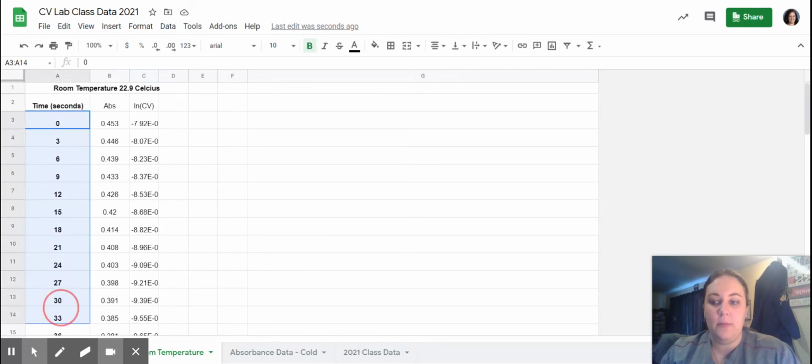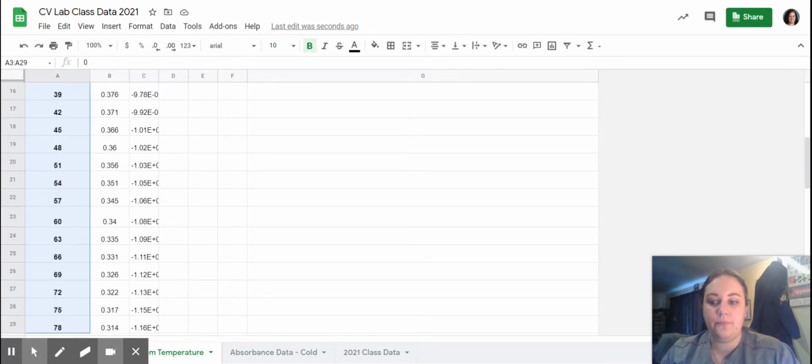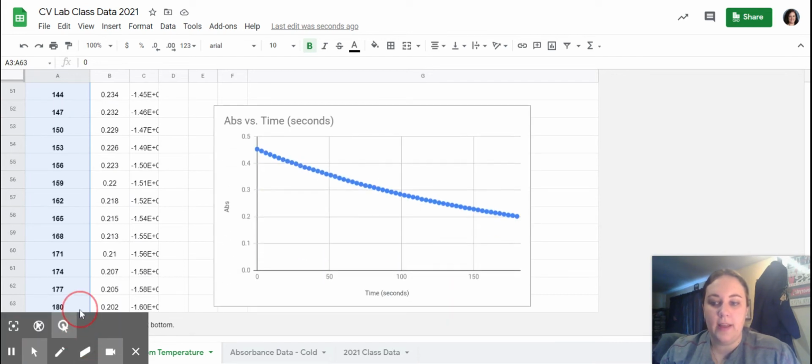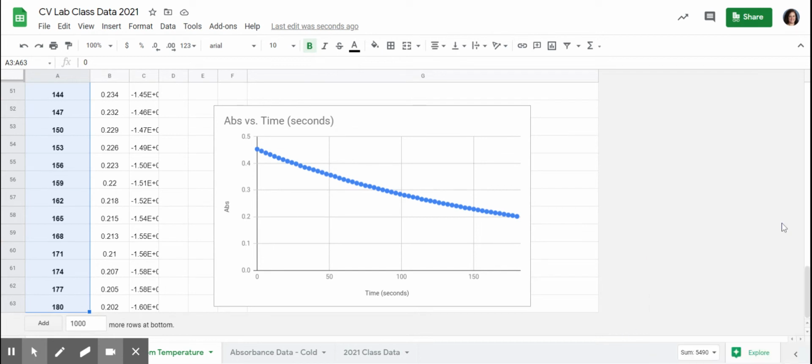So I'm going to highlight my time again. And to select another column of data, I need to hold down my control key. Oh man, what is that?